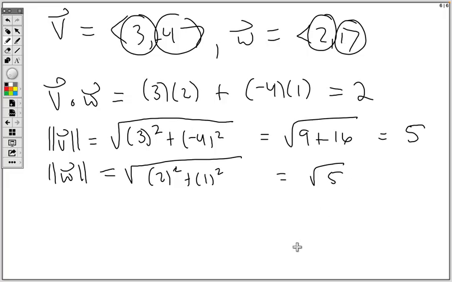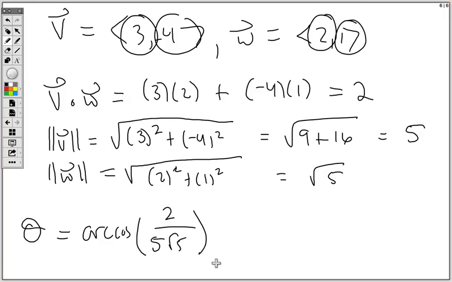So we get the length of V is 5, the length of W is root 5. So theta here would be the arc cosine of V dot W, 2, divided by 5 square root of 5. And as far as an exact answer, that would be the exact answer.